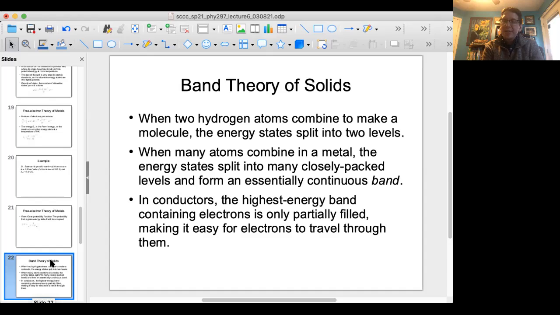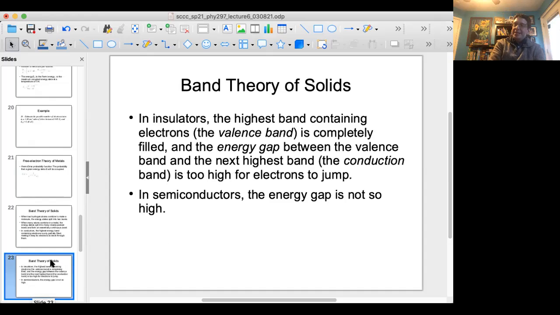In conductors, the highest energy band is only partially filled, which means electrons can travel through them fairly easily. With insulators, the highest band containing electrons is completely filled, and the energy gap, the difference in energy level between the filled, or valence, band and the next highest band, which is called the conduction band, is too high for the electrons to jump.